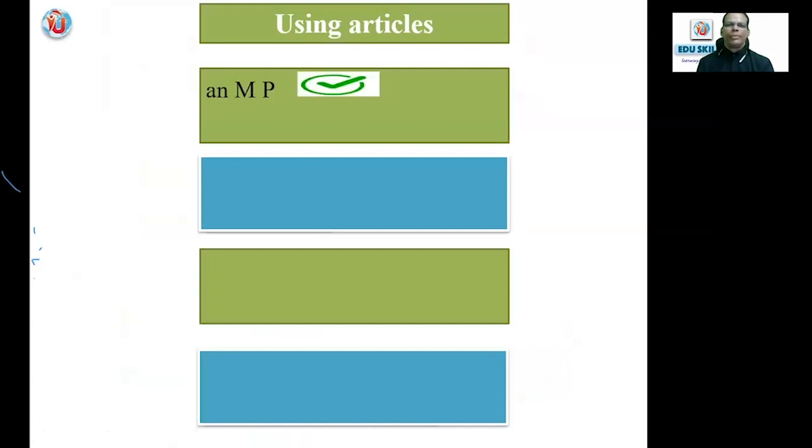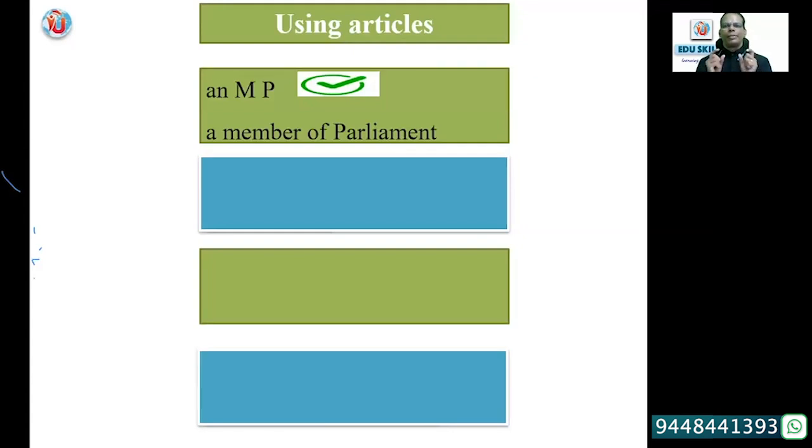An MP is right, but a member of parliament. MP means a member of parliament, but when you say MP, the short form, the abbreviation, you have to use: he is an MP. Whereas when you use the full form, he is a member of parliament. Because when you say member, M is a consonant sound, not a vowel sound.